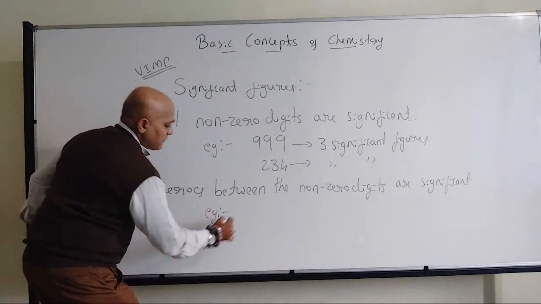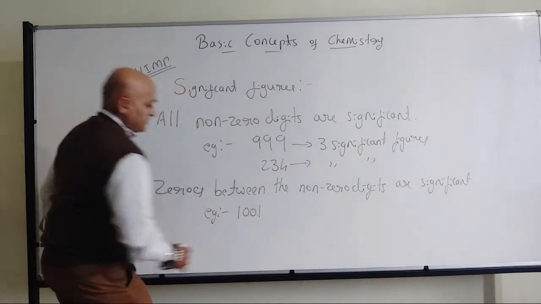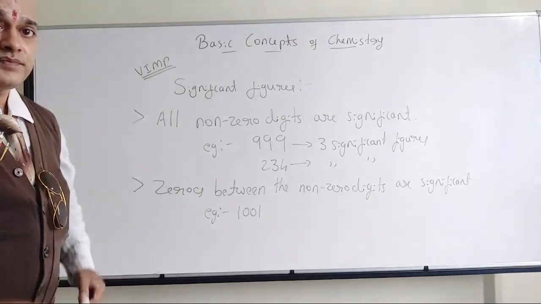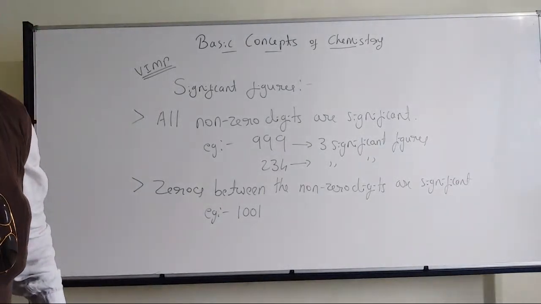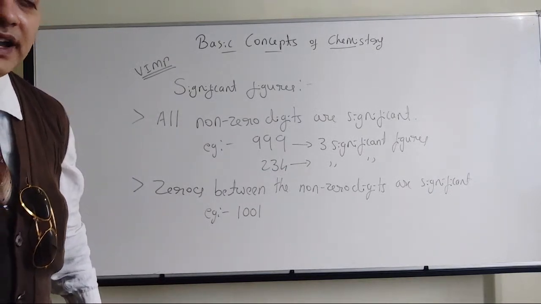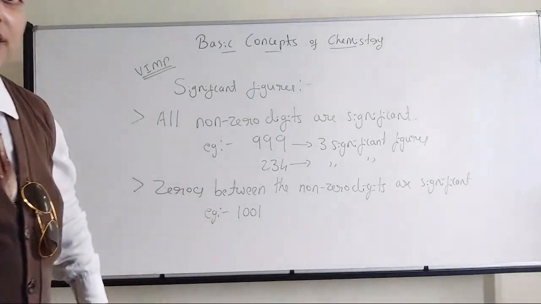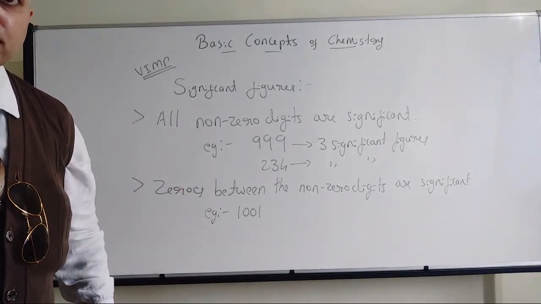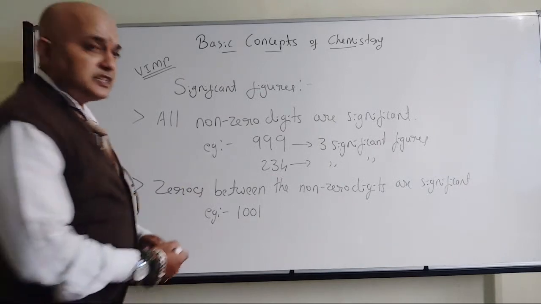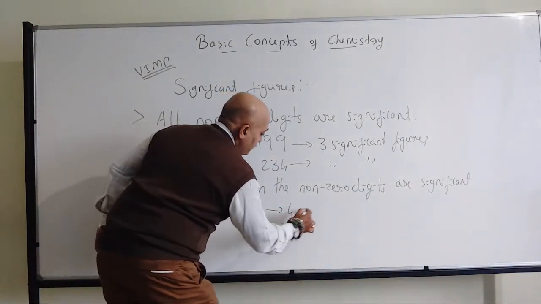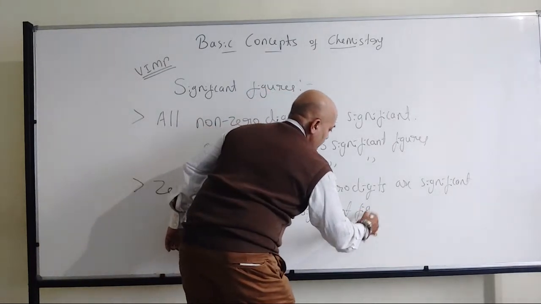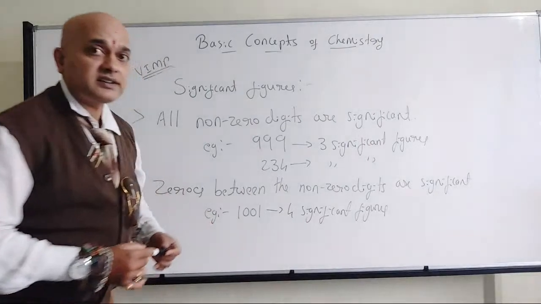So if I take the example 1001, how many significant figures should be there? All non-zero digits are significant, no doubt, and zeros between non-zero digits are also significant. In that case, how many significant figures are there in 1001? Yes, it should be 4. Very good. It has 4 significant figures.